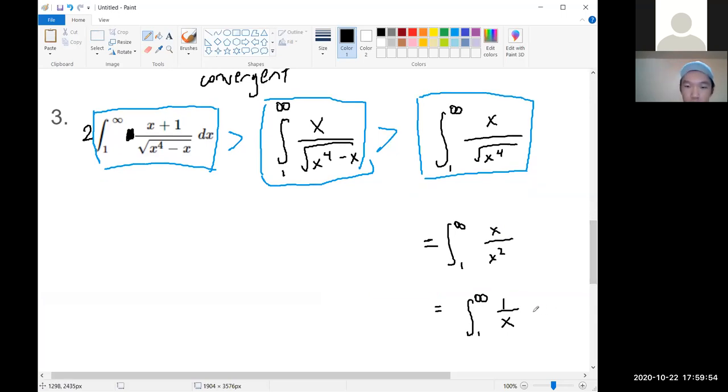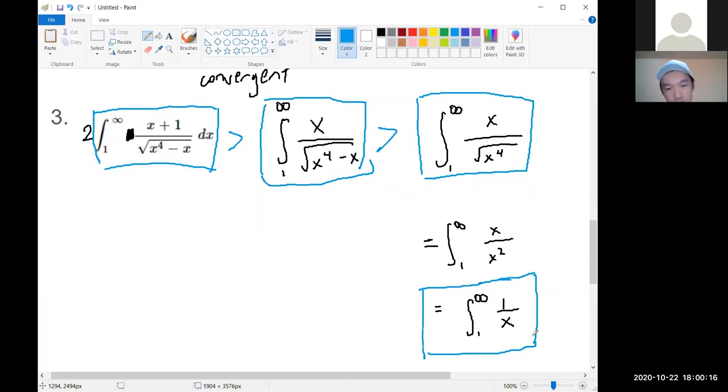Okay, so 1 over x, this should be an integral that we recognize. And do you remember what we said about this integral, whether it's convergent or divergent? It's divergent. Yes, this is divergent.